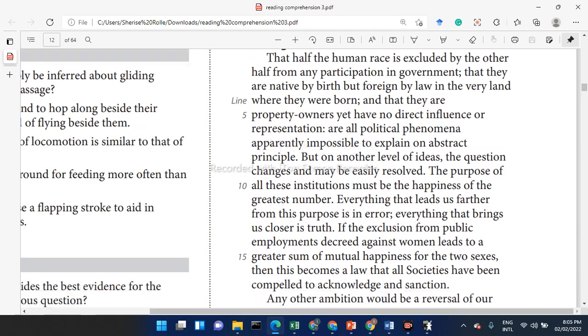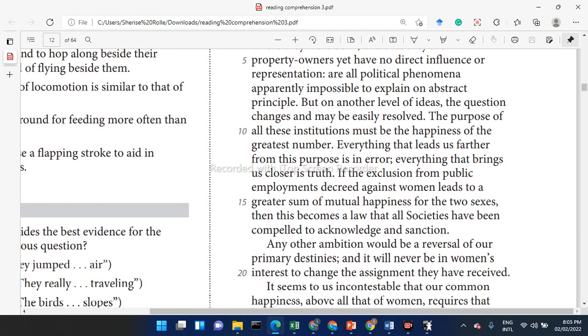The purpose of all these institutions must be the happiness of the greatest number. Everything that leads us farther from this purpose is in error. Everything that brings us closer is truth.